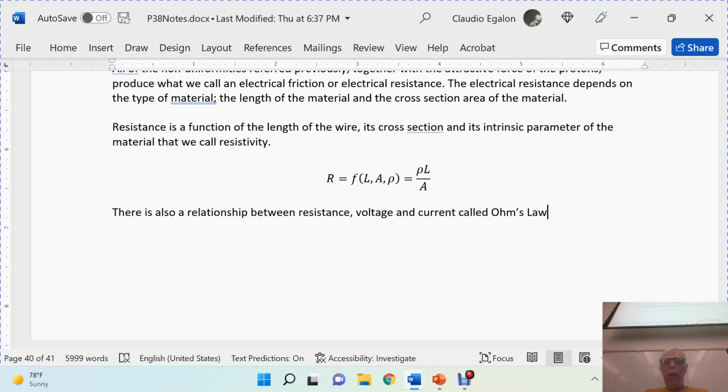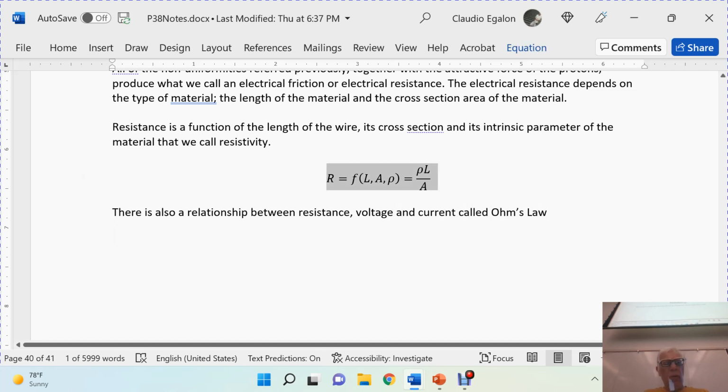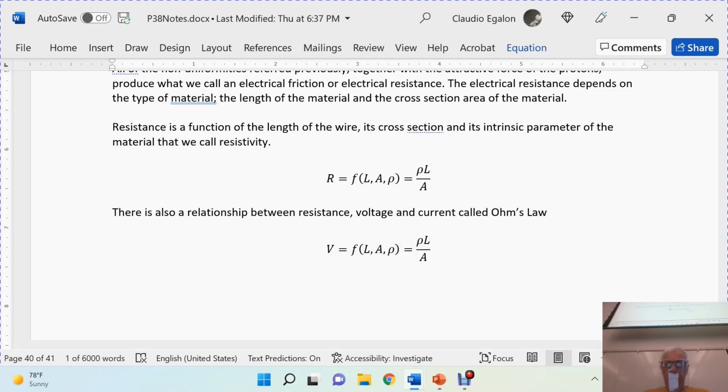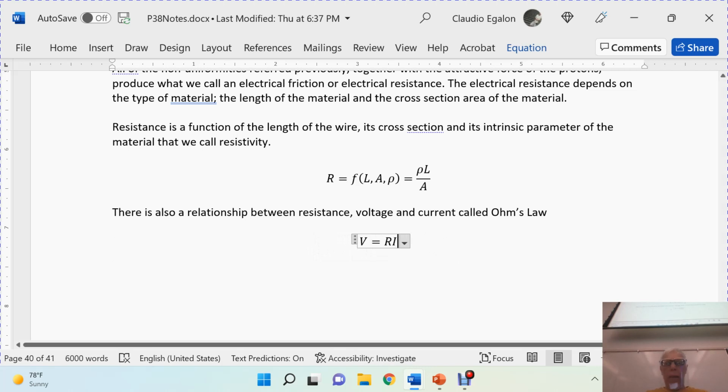You plotted a graph, and how does it look like, Ohm's law? It's very easy to memorize. V equals Ri. The larger the current, the more voltage you need. That's what it is.